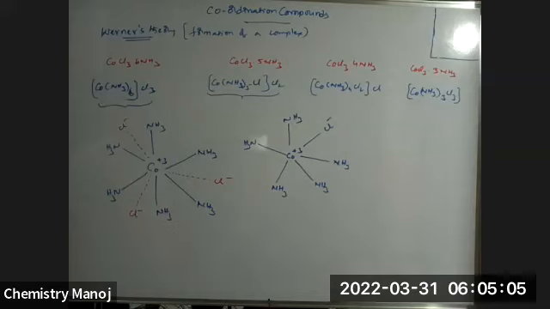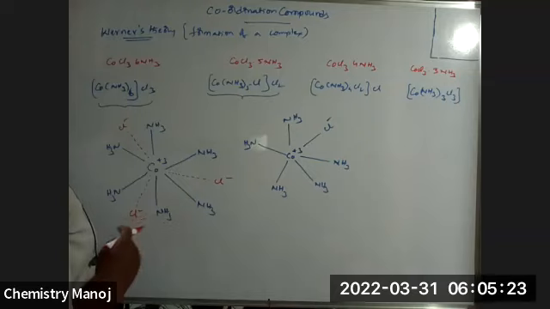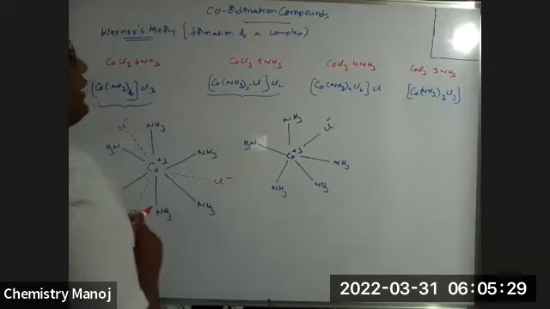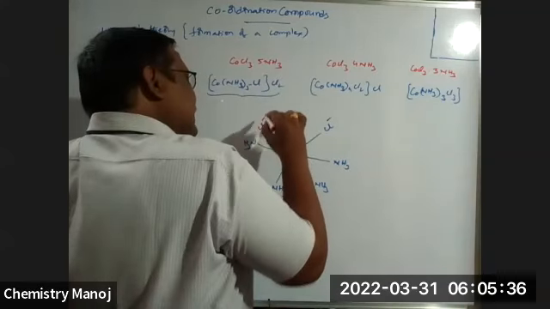Now, coordination number how much? 6. How many chlorines are outside? 2. Those 2 chlorines satisfy only primary valency, Cl minus.